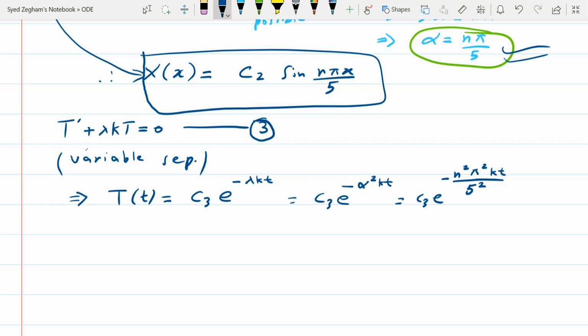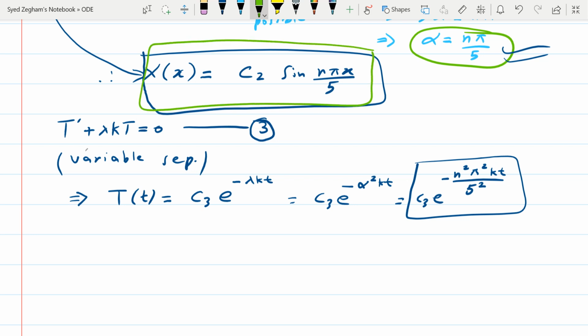So we have obtained capital T, and we have also obtained capital X. Now we are in a good position to write our solution u(x,t), which will be equal to X multiplied by T, and both these values you have evaluated.